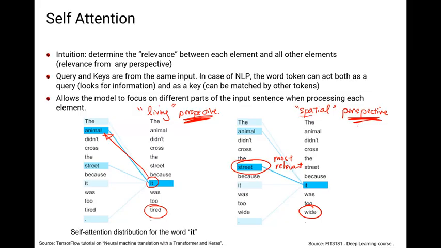Of course, we are not going to talk about such a specific design of the objective functions. We'll have a more general design of the objective function, and this self-attention mechanism will automatically find out what perspective to look for. So that's the idea.